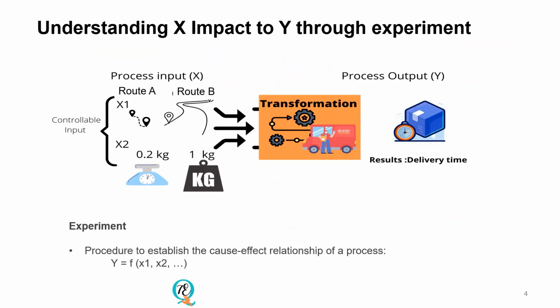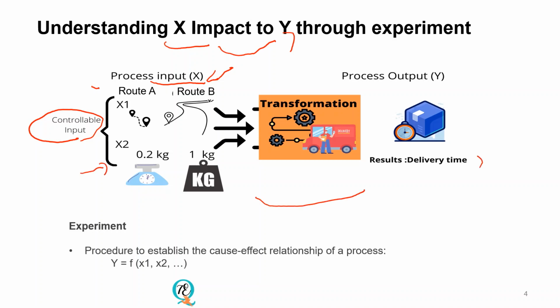Let's go back to our package delivery example, where we would like to determine what are the X that could potentially impact the Y here. We will select the potential process input X, controllable input, the routes, and also the weight of the package and how it impacts the delivery time, which is Y. In route itself, we would like to try out several routes, which is known as level in a factor, route A, route B, and also different weights.